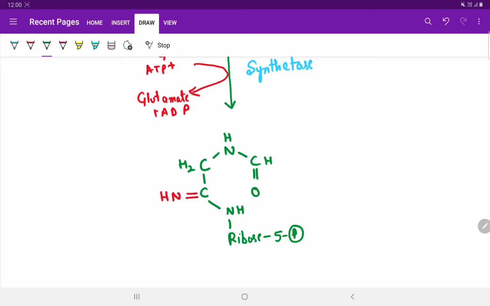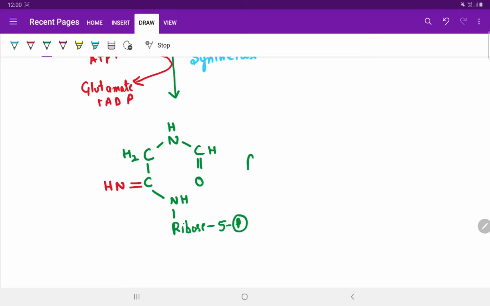So this will be the structure for formyl glycinamidine. It's an amidine group here, ribosyl 5-phosphate. The names of these compounds are quite complex, so try to remember them.